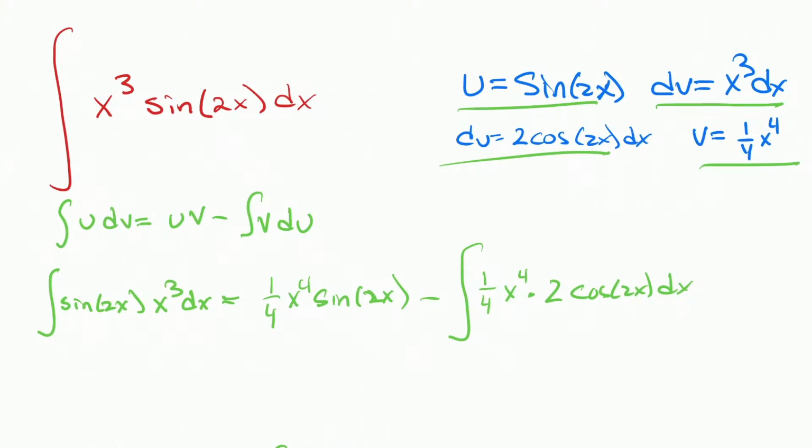Then the next thing I have to deal with is x to the 4th times cosine. I know there's a constant in there, but we're going from x cubed times sine to x to the 4th times cosine. I think, hopefully, you all see that we've made things worse. If you make things worse, you want to roll back the clock, start again, and swap those two. There's nothing wrong with what we just did.